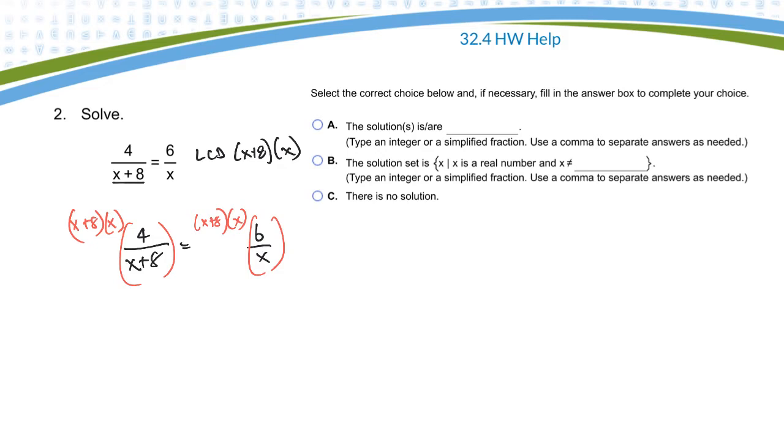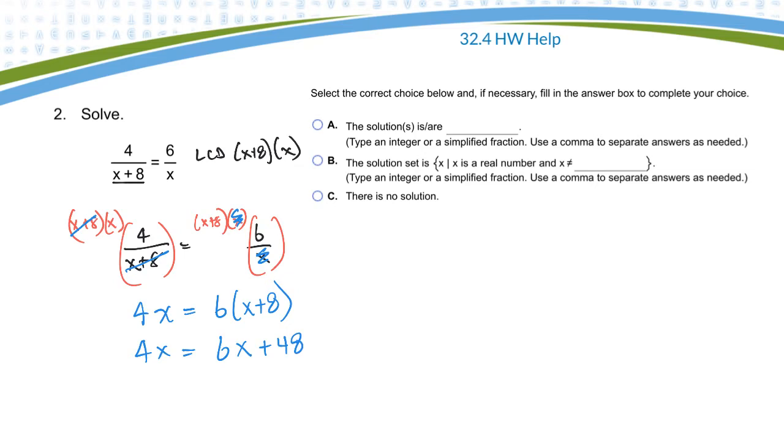Okay, on the first one, the x plus 8's cancel. 4 times x would just be 4x. The next one, the x's cancel, so I'd have 6 times x plus 8. So now I'll have to use the distributive property, so 6x plus 6 times 8, which is 48, is equal to 4x.